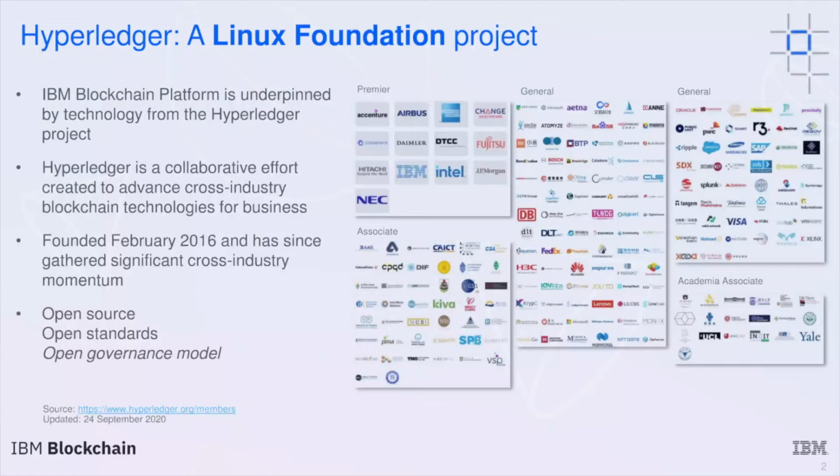Now, the Hyperledger project has certain goals. One, it creates an enterprise-grade, open source distributed ledger framework and a code base upon which users can build and run robust industry-specific applications, platforms, and hardware systems to support business transactions.